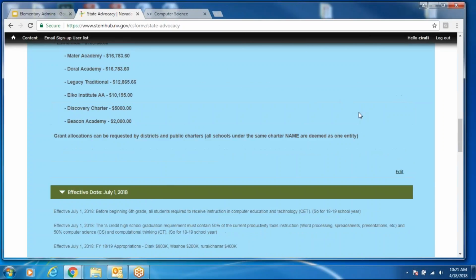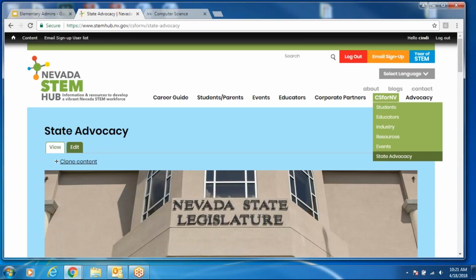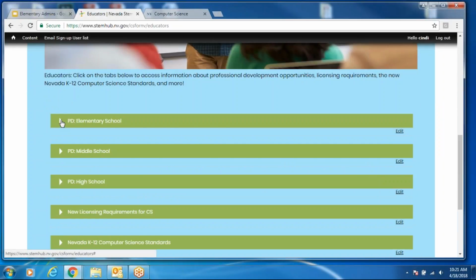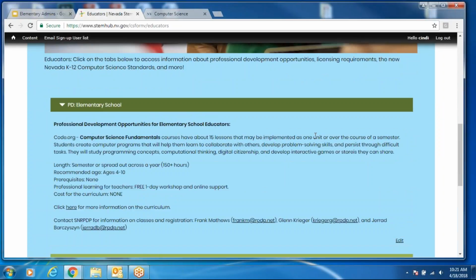I do want to show you, though, for your teachers, that you can let them know that we have professional development for elementary teachers already. Like I said, the code.org curriculum training is a one-day training for computer science fundamentals, and it's on Saturdays typically.